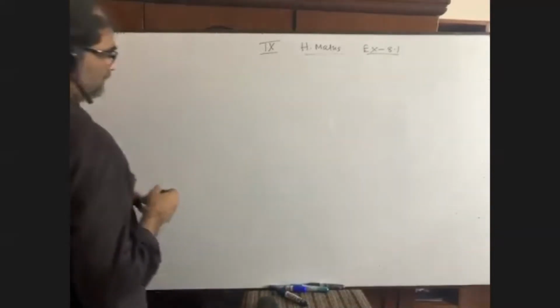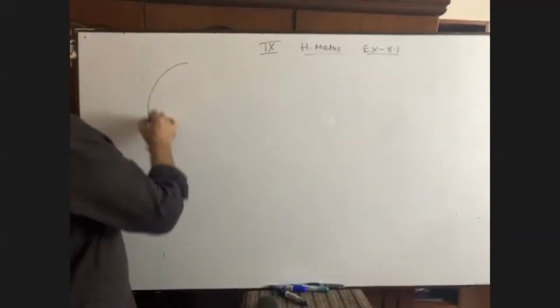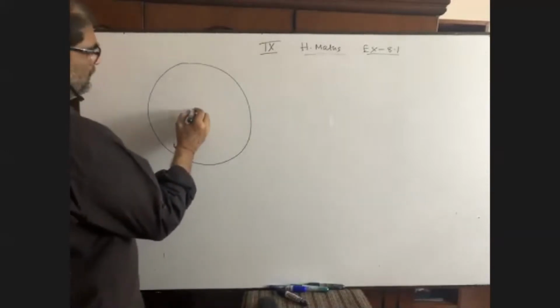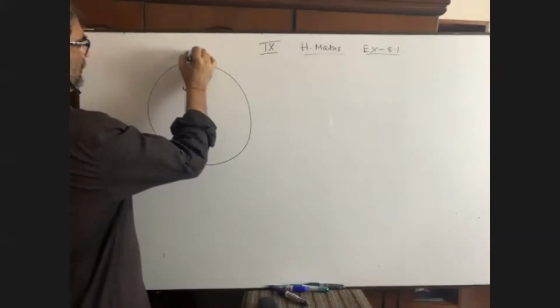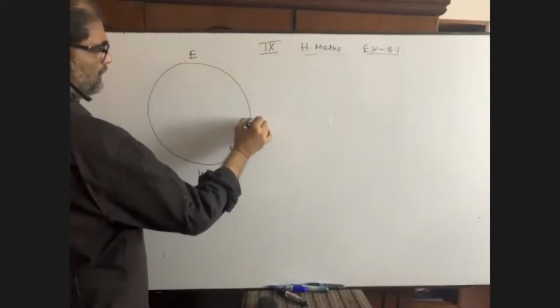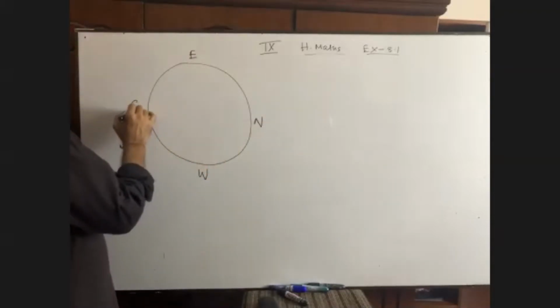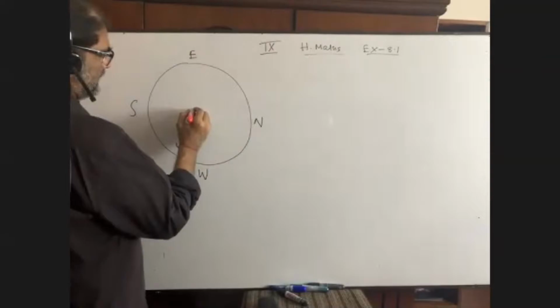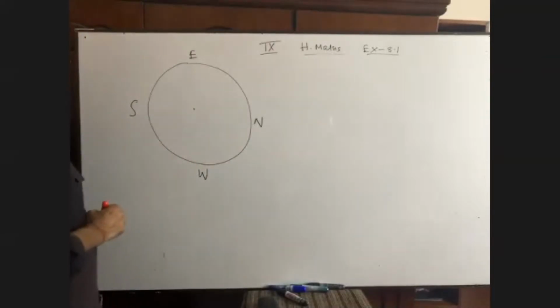You see, this is the Earth, right? Now, this is east, this is west, north, this is south. Now here we get an angle of 360 degree.